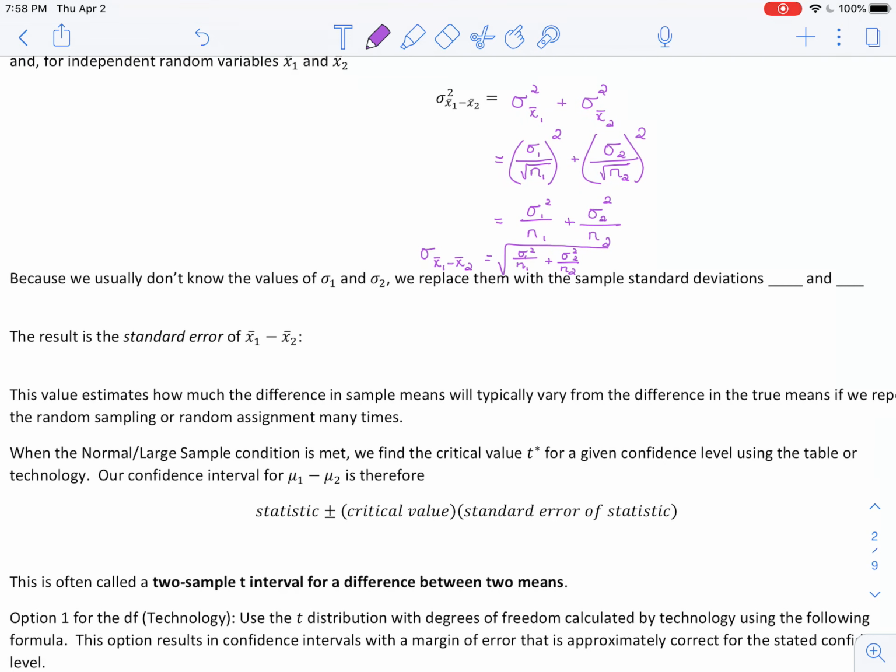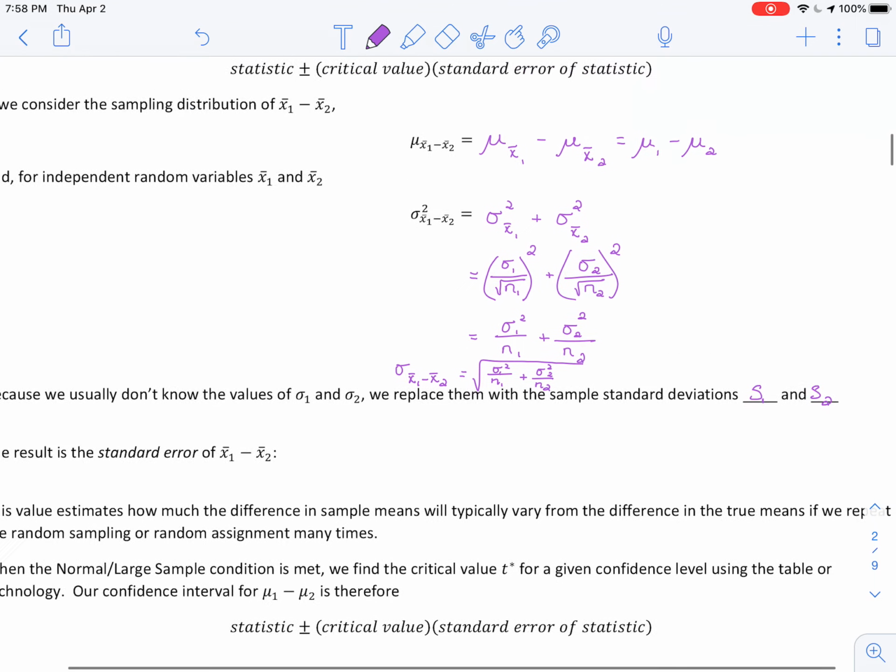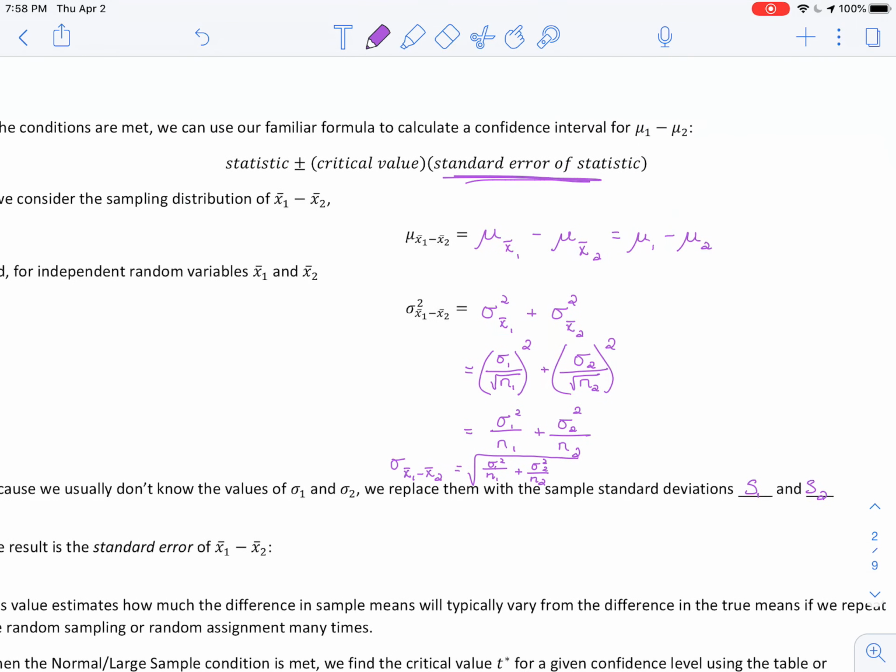Now, as we said before, we don't usually know the population standard deviations, so we can replace them with the sample standard deviation. So we'll be replacing that with s. I'm going to write s sub 1 and s sub 2.